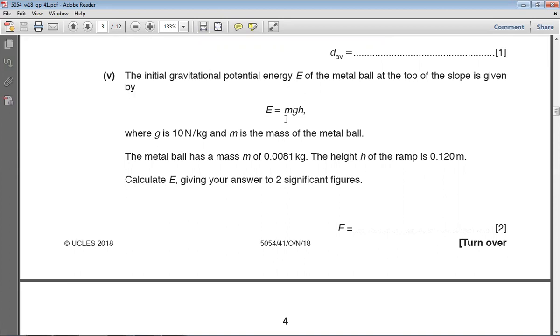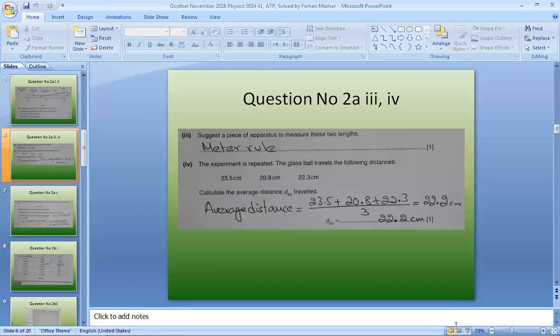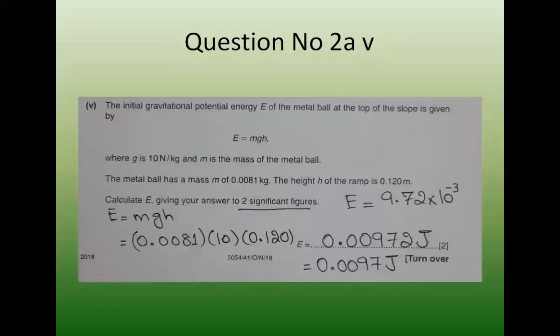Okay, so here we have the mass, which is 0.0081 kg, g, which is 10 Newton per kg, and h is 0.120 meter. Just put these values and do this calculation. Let me show you. E equals mgh, so 0.0081 times 10 times 0.120, and when you enter these values in your calculator, the answer will be 9.72 times 10 to the power minus 3.